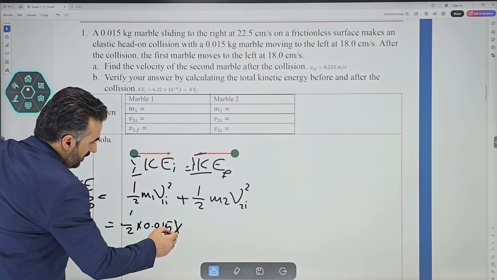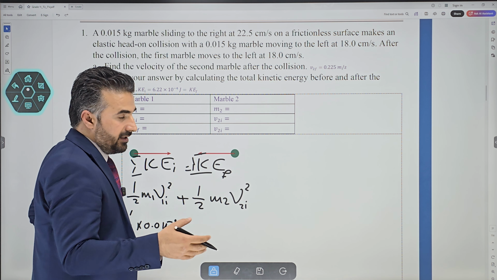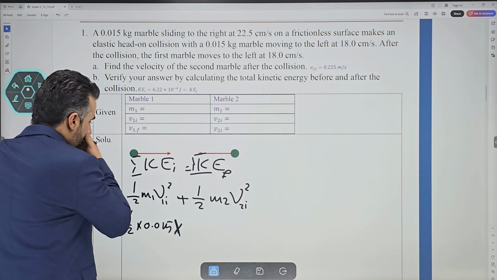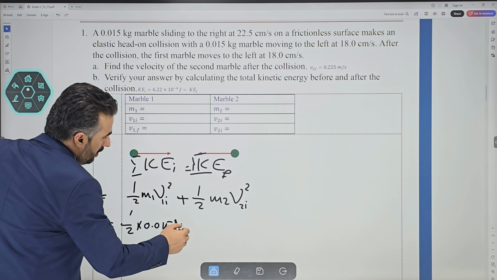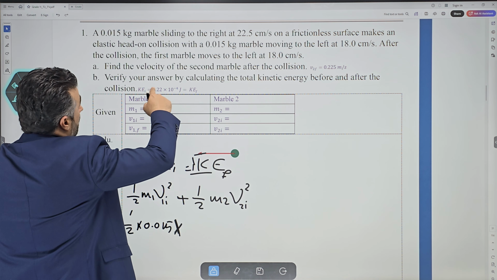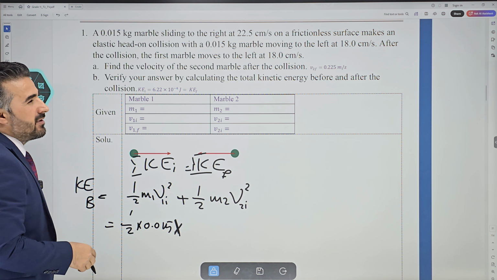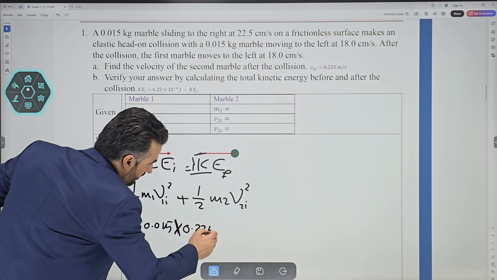We'll have to do that because we're trying to find kinetic energy, which is normally in newton meter. So this 22.5 centimeter, how do you convert that to meter? Just divide by 100. That is going to be 0.225 meter per second.